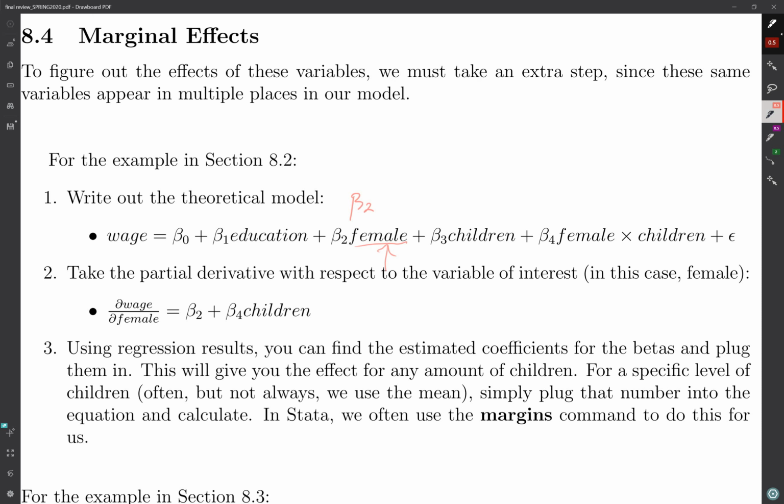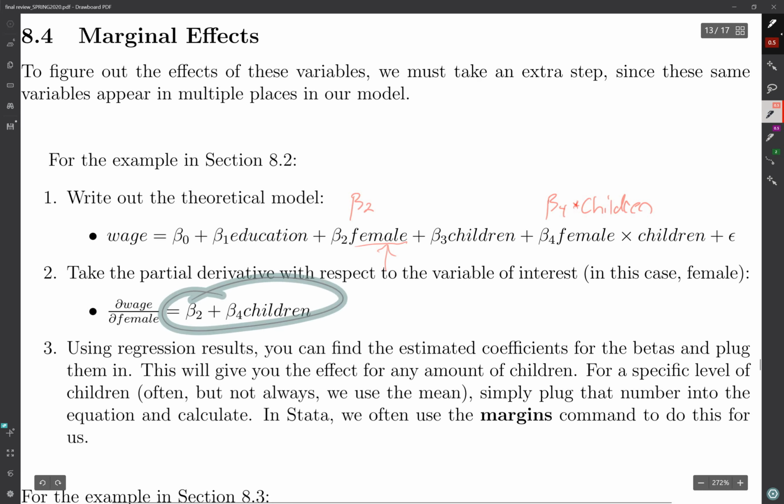So what's the derivative of beta 3 times children with respect to female? Again, that's nothing. What's the effect of beta 4 times female times children? Now we've got female in this one. So the derivative of this with respect to female is going to be beta 4 times children. In other words, it's going to be this bit right here.